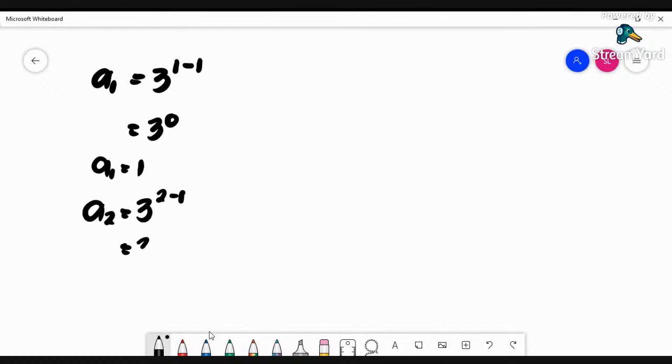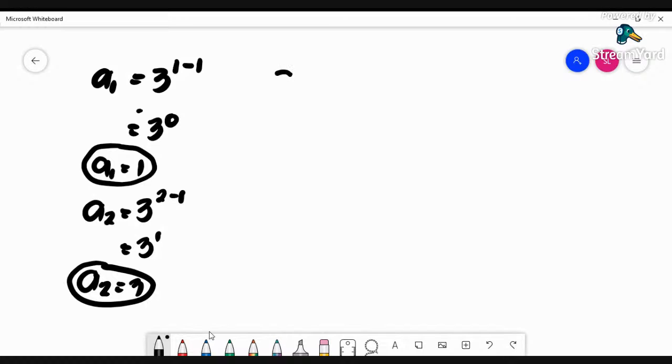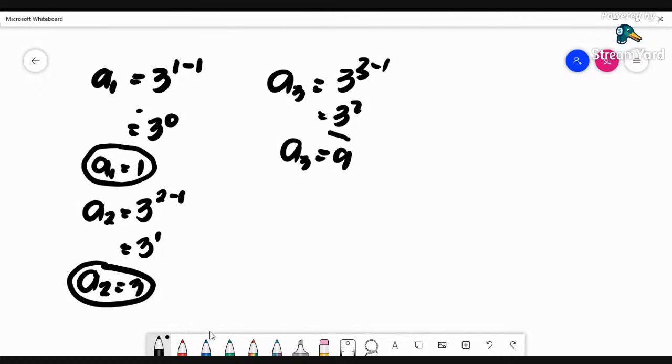So that is 3 raised to 1. Our a sub 2 is equal to 3. And for our a sub 3, we get 3 raised to 3 minus 1. So we have 3 squared. Our a sub 3 is equal to 9.